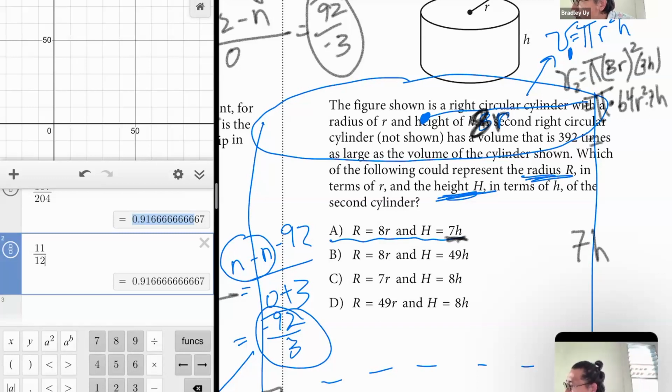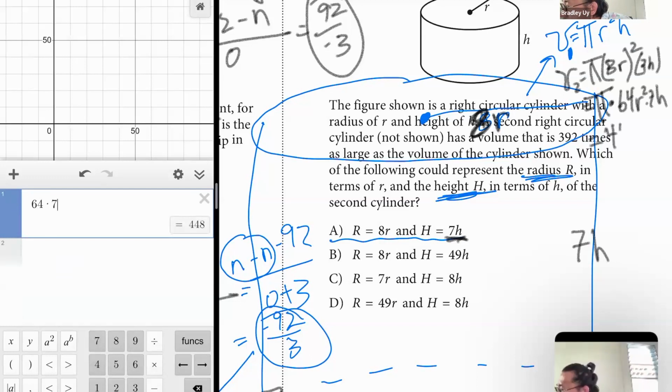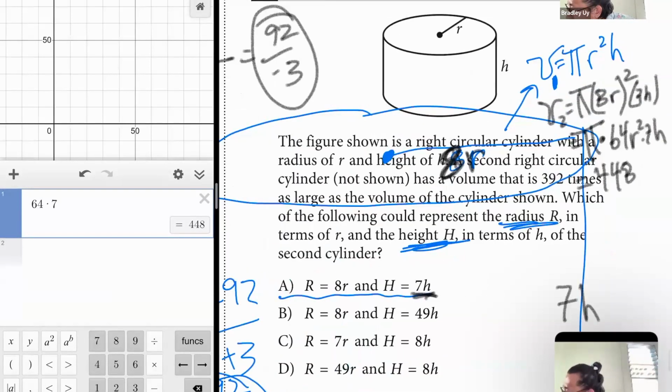If I rearrange this, it's 64 times 7, which is 448. I'm taking the constants and putting them out in front. That's this times this. I would still have a pi and an r squared h.